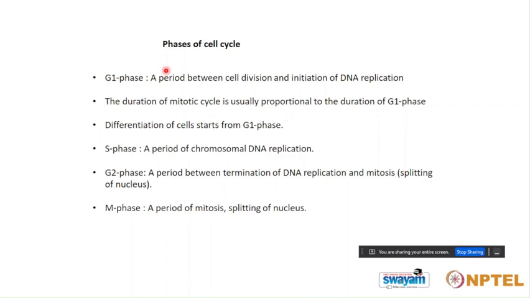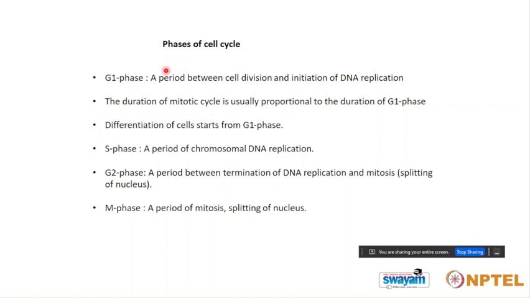And the G2 phase is nothing but the intermediate period between the termination of DNA replication and mitosis. After that, M phase occurs, which is nothing but mitosis, and during this phase, splitting of the nucleus happens.